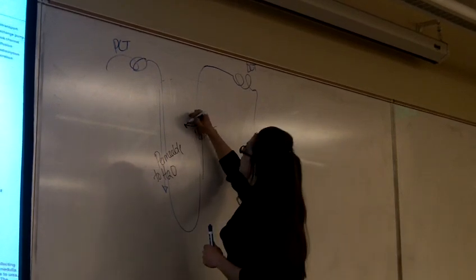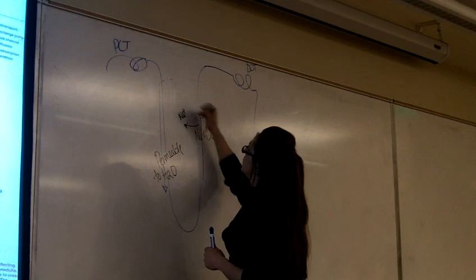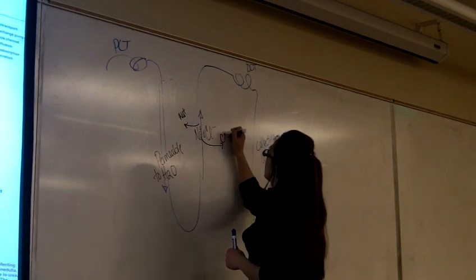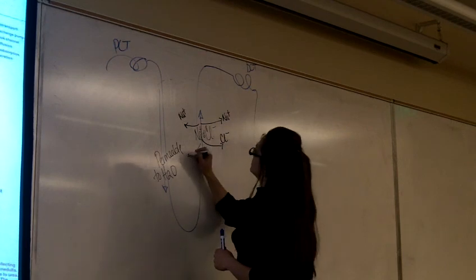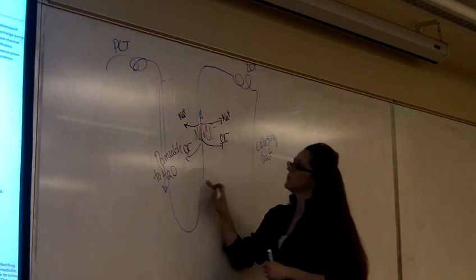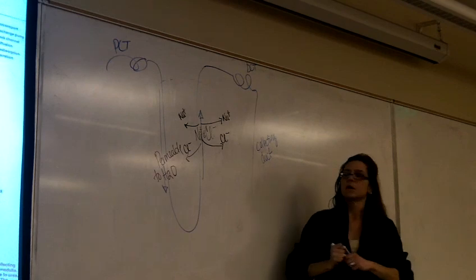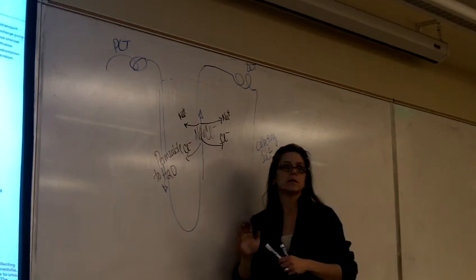So sodium and chloride are being actively transported out into the interstitial space around that ascending limb.